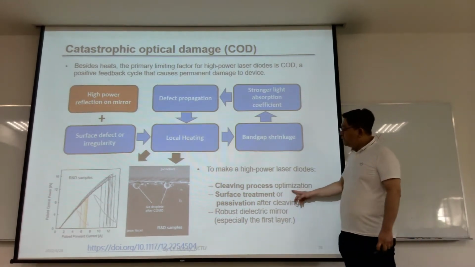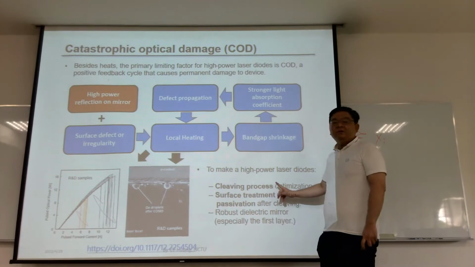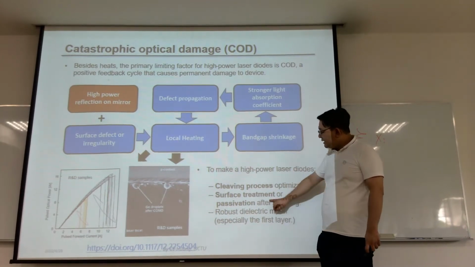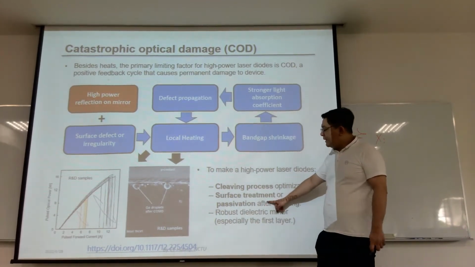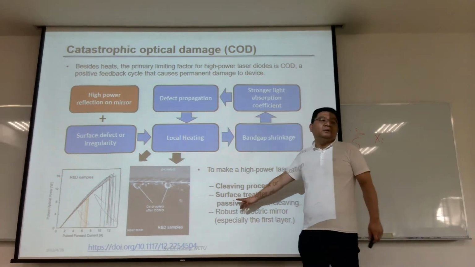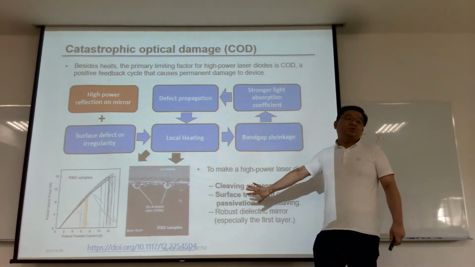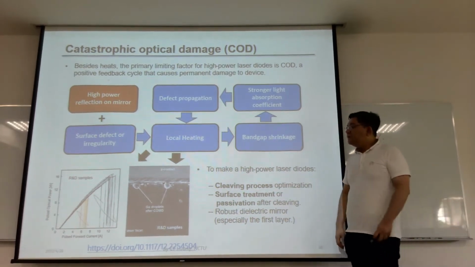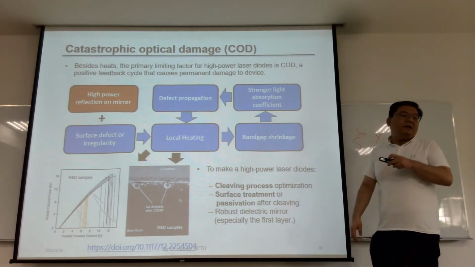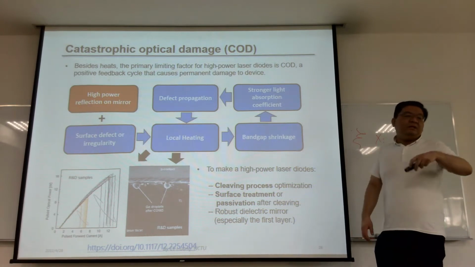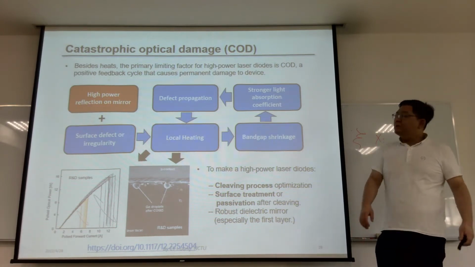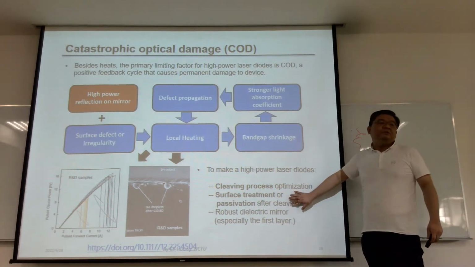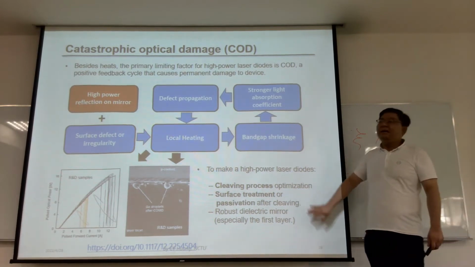So you can try to optimize your processing, or clean the facet, or deposit another layer to make the surface stronger than your original surface. Although this has nothing to do with the homework or midterm, it is a real issue for companies making high power lasers.